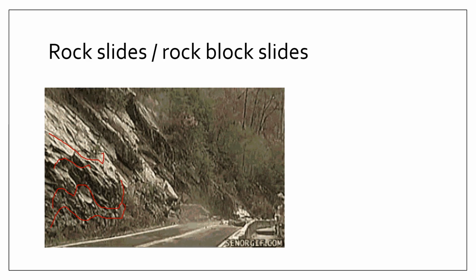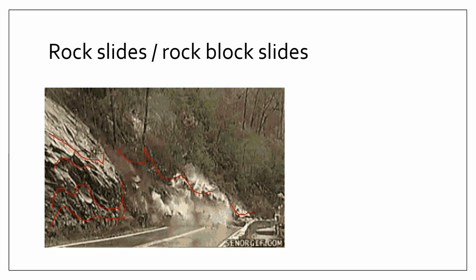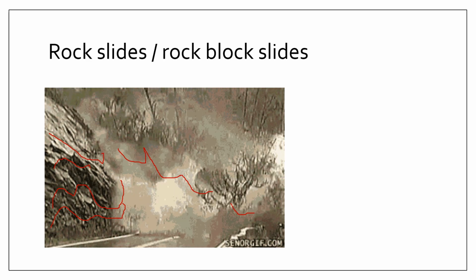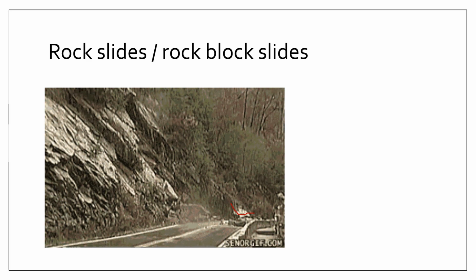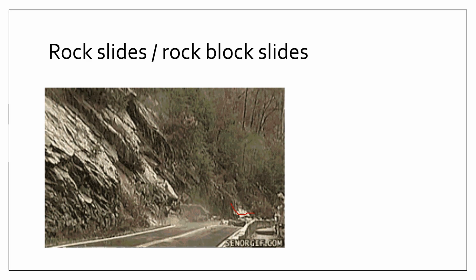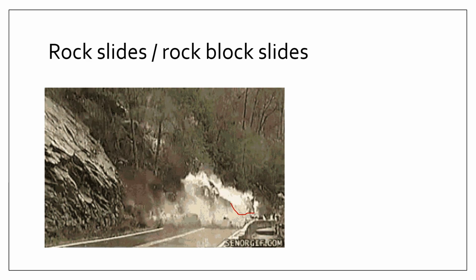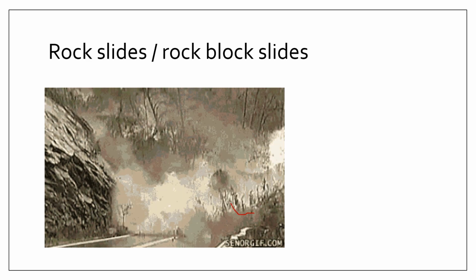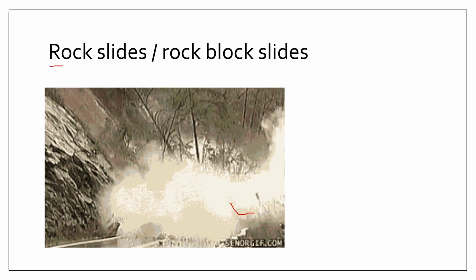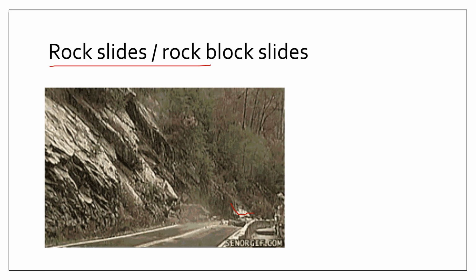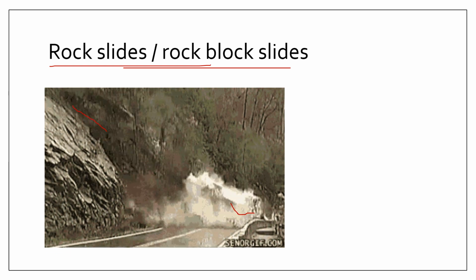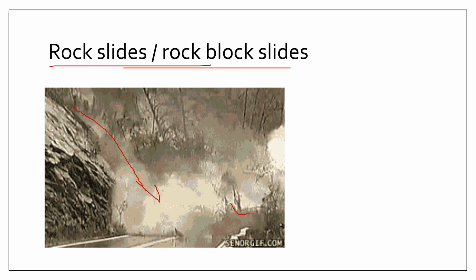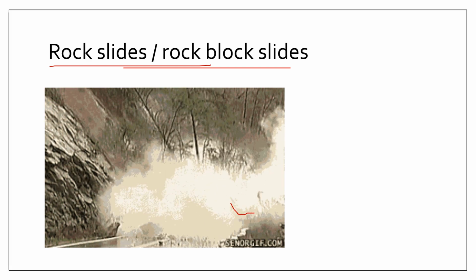Okay, you can see really obvious bedding planes that are just projecting out of the road cut. And note how the movement, or even the initial movements, are just following the bedding planes, right? So this is a classic rock slide or rock block slide. And yeah, it's almost purely translational in terms of movement.